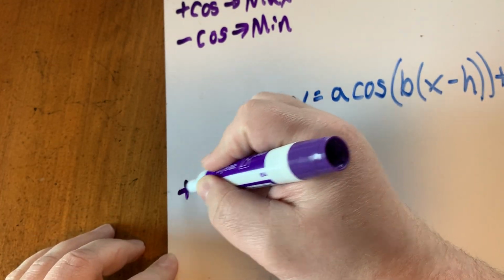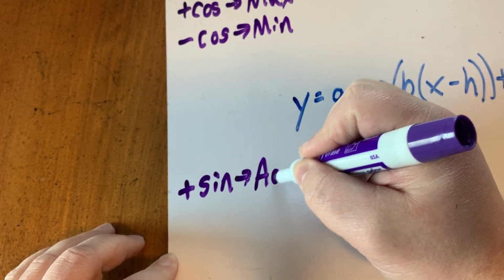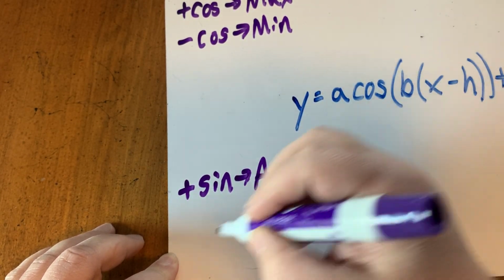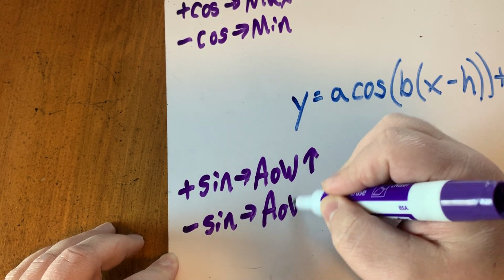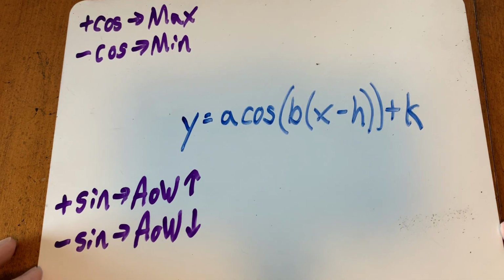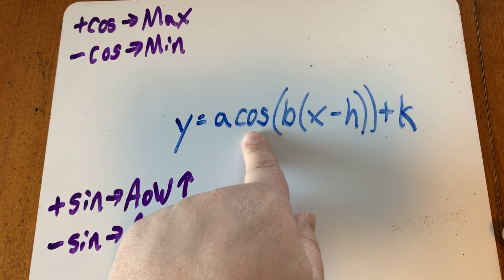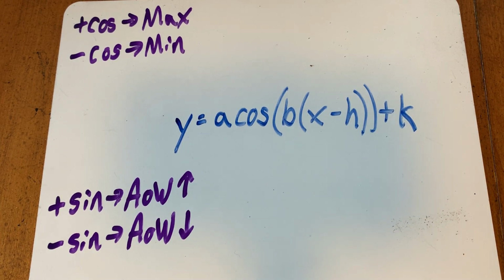If it's a positive sine, it starts at the axis of the wave going up. And negative sine starts at the axis of the wave going down. That's the only thing that would change. What A, B, H, and K represent doesn't change regardless of whether it's sine or cosine.